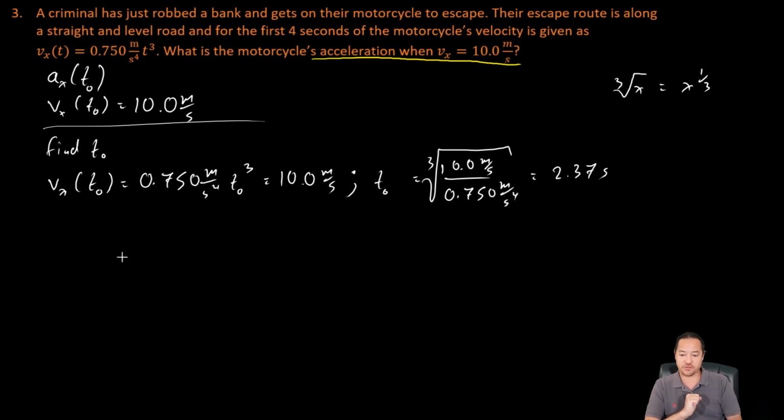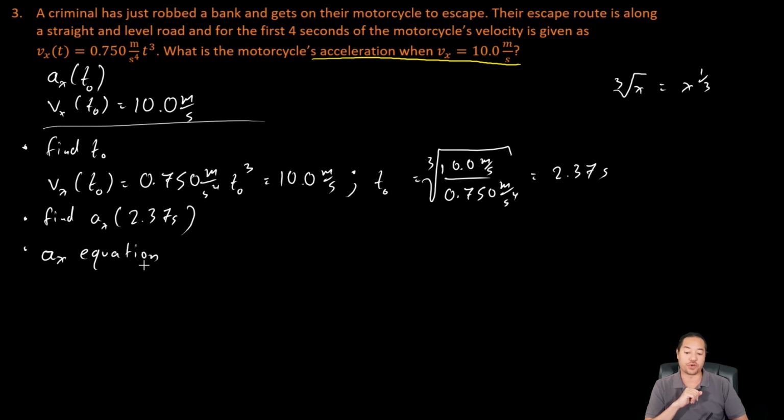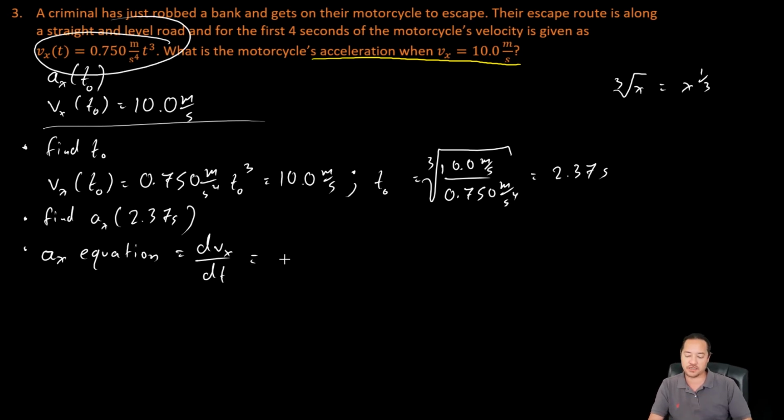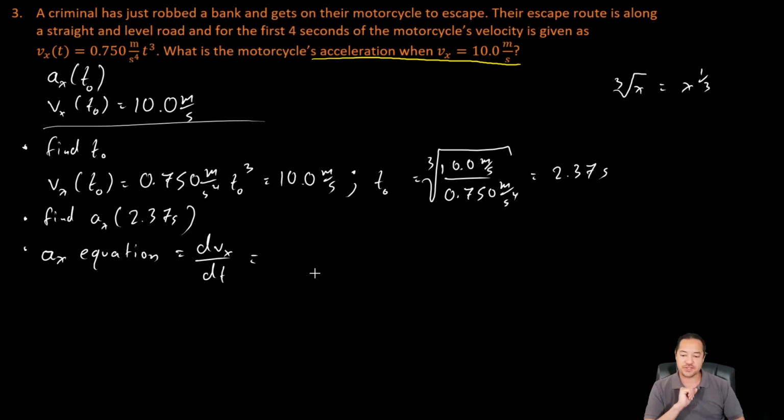So that's the time when we want to find our acceleration. Let's find the acceleration now. Step 2: find the acceleration at this time. In order to do this, we need an equation for our instantaneous acceleration. We don't have that yet, but we can get it because it is equal to the derivative of our velocity equation. So let's take the derivative of this velocity equation, and that'll be our instantaneous acceleration equation.